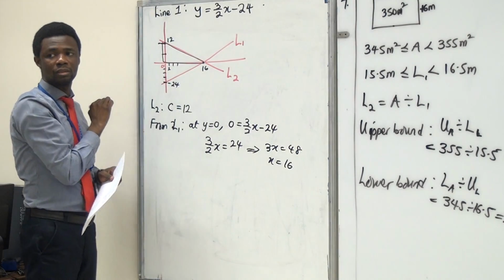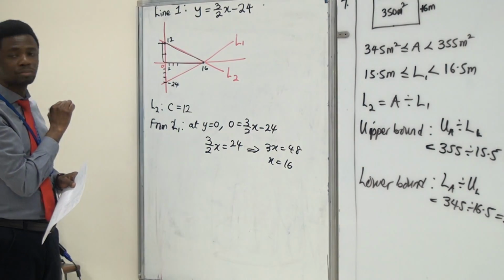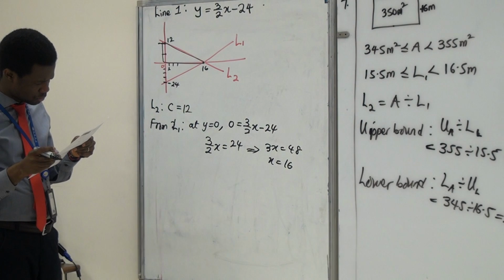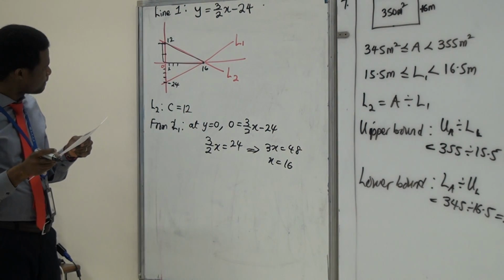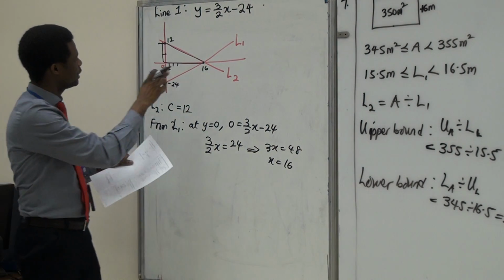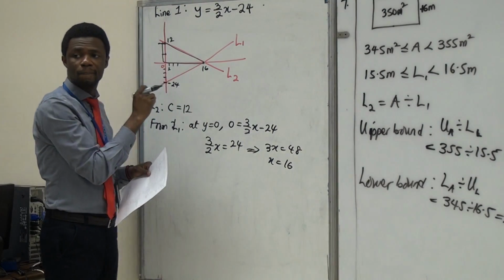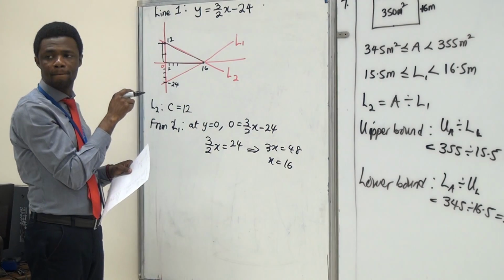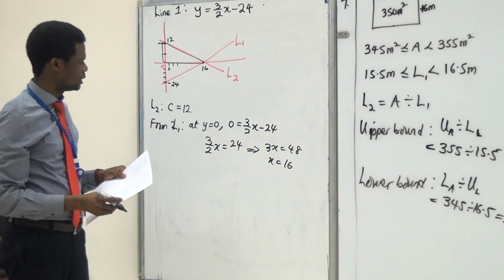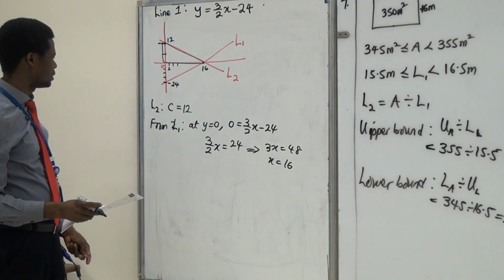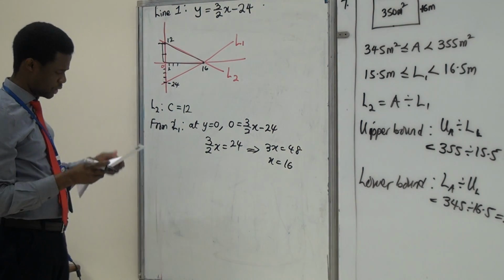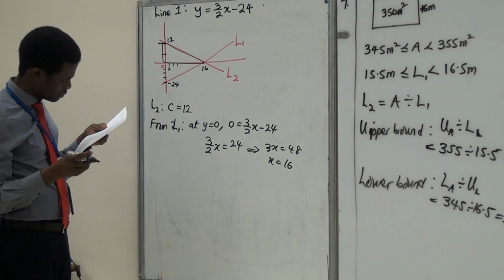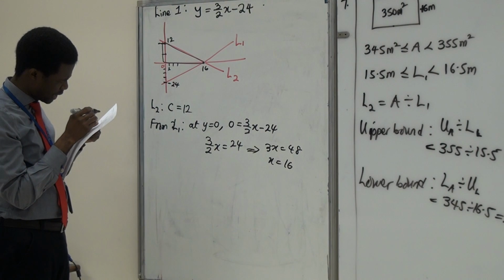You drew something wrong, because I remember the x-intercept of L2 should be 18. Shouldn't it be 16? You can check. I think there are 3 lines up.